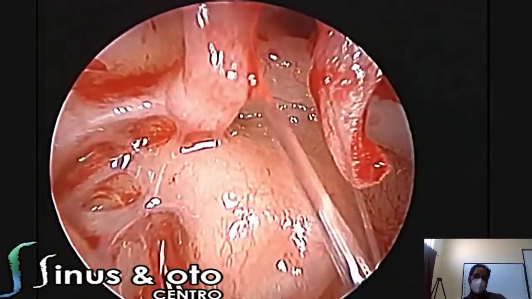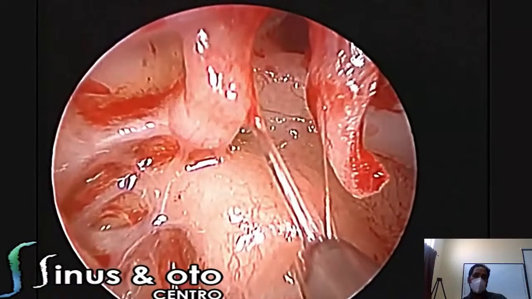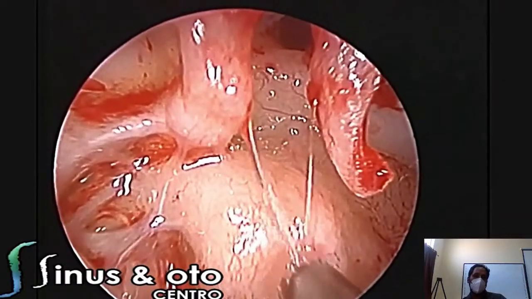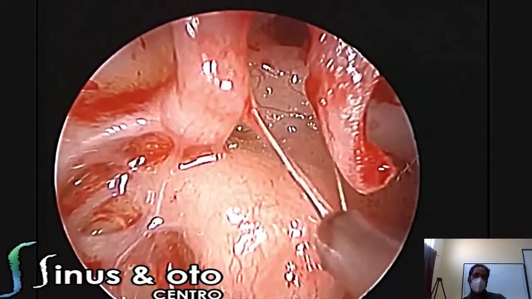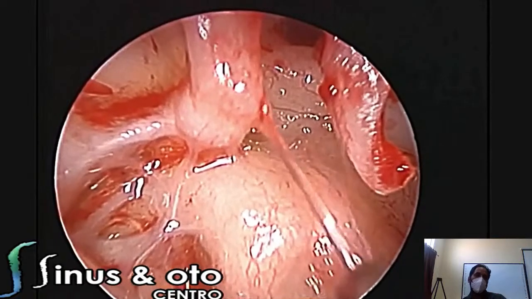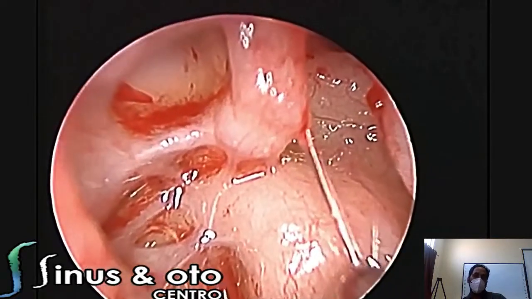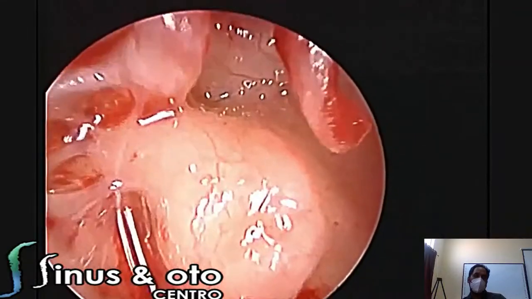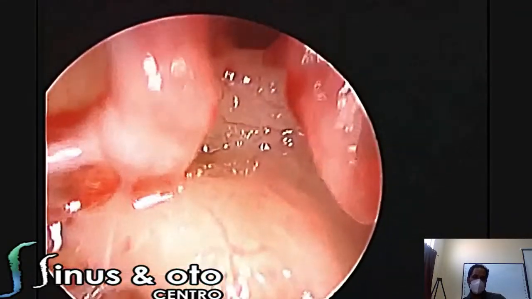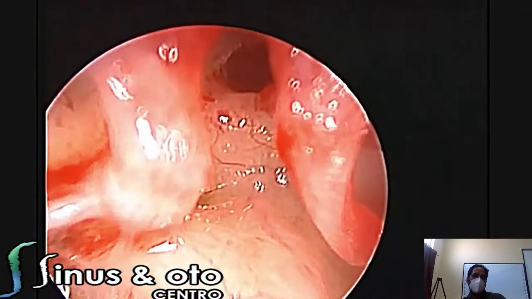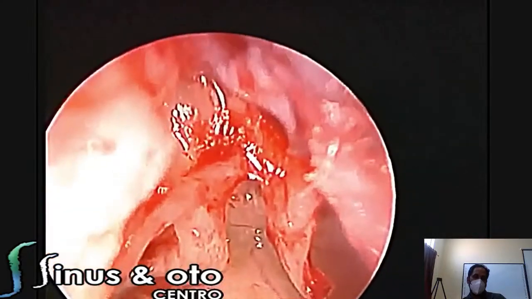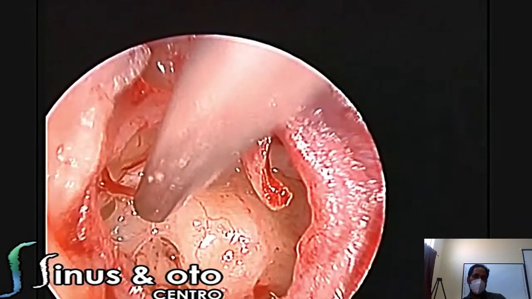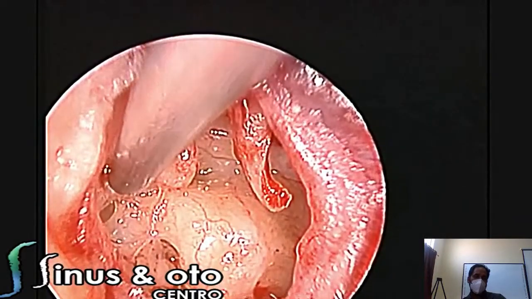And then you need to place a graft material. In the previous slides we discussed the various types of graft used for tympanoplasty: temporalis fascia, perichondrium, cartilage, venous vein graft, or anything. So this entire middle ear cavity is clear after removing all the disease and all the adhesions and fibrosis.